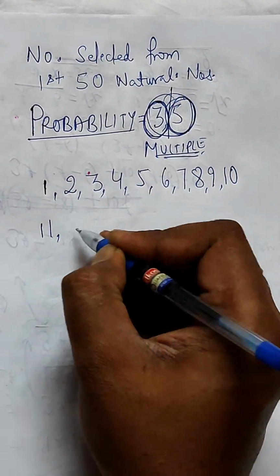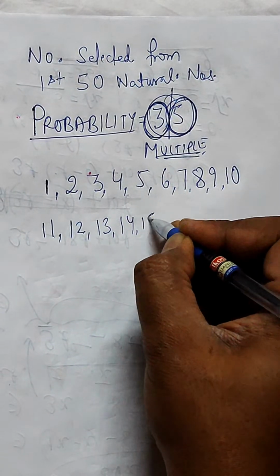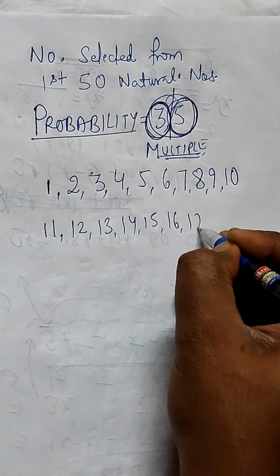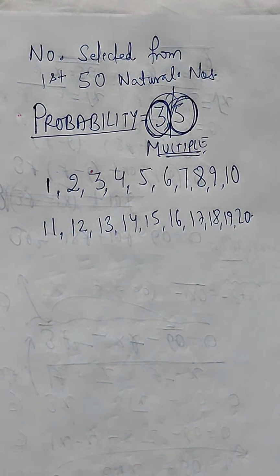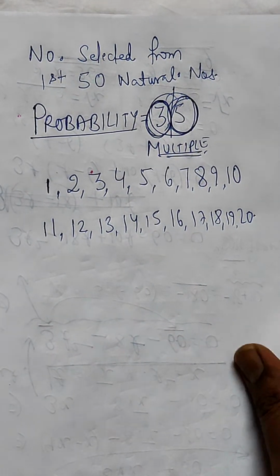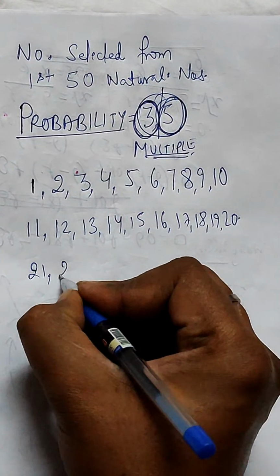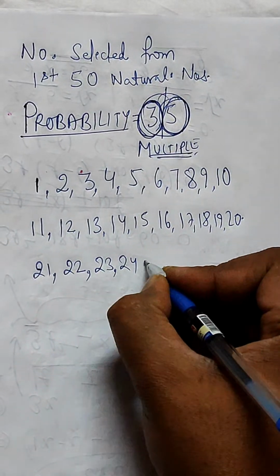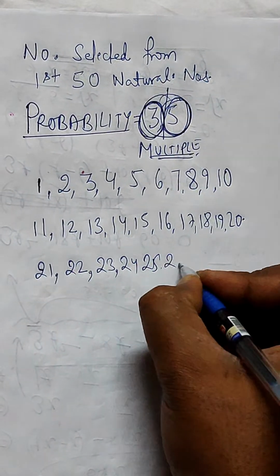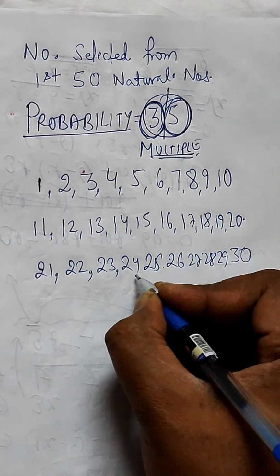Then 11, 12, 13, 14, 15, 16, 17, 18, 19, 20, right? Then 21, 22, 23, 24, 25, 26, 27, 28, 29 and 30.